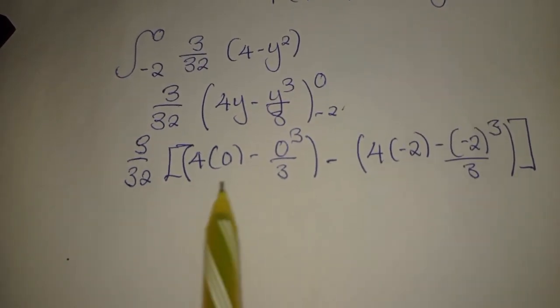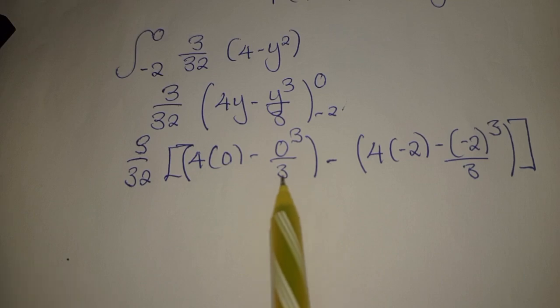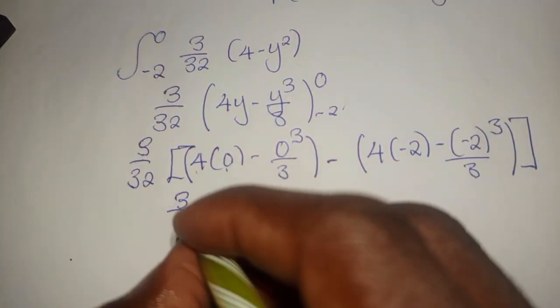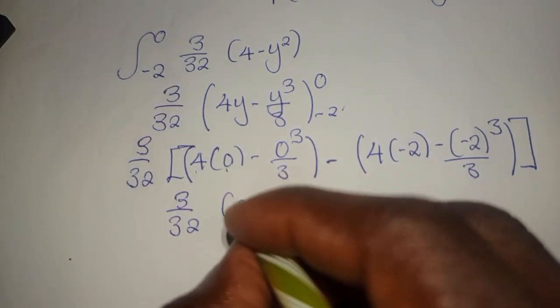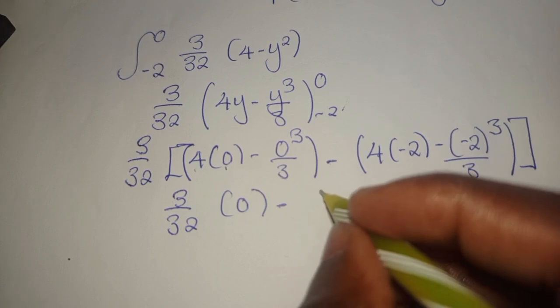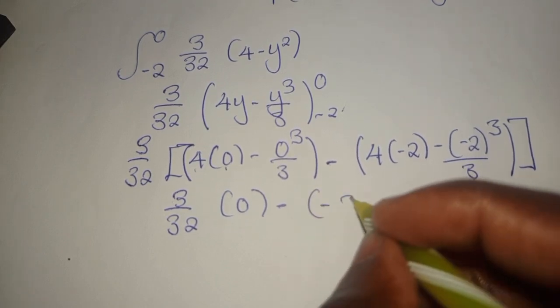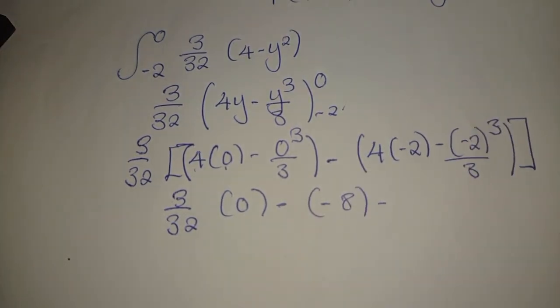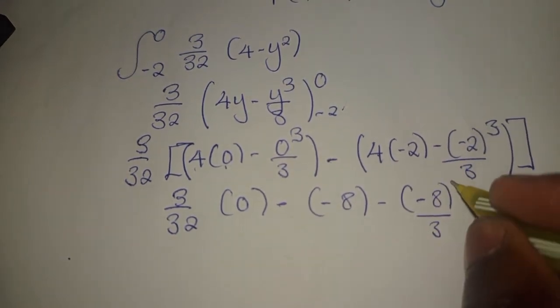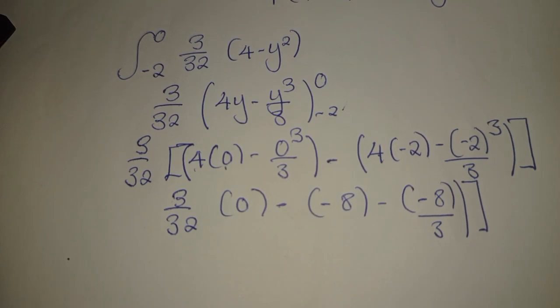We know for sure that if 0 is a numerator and any number is multiplied by 0, the outcome is just 0. So here we have a 0, and 4 times negative 2 is negative 8. Then negative 2 to the power 3 is negative 8 divided by 3. So this is the expression that we have on the right hand side.